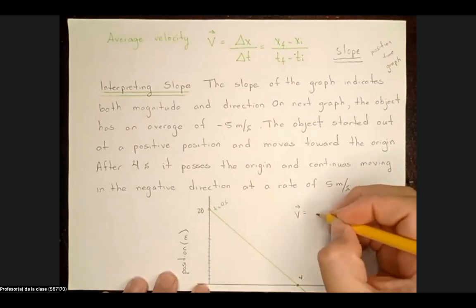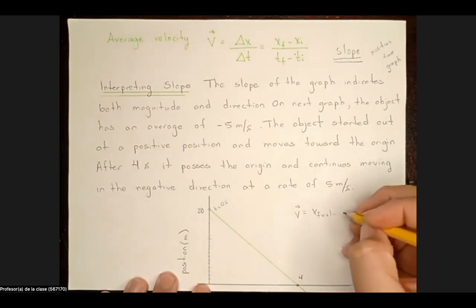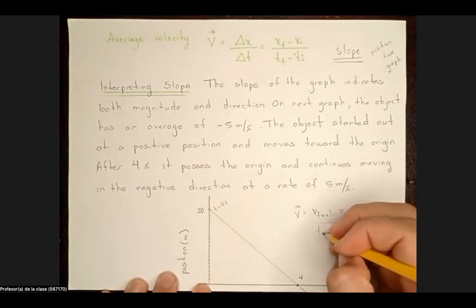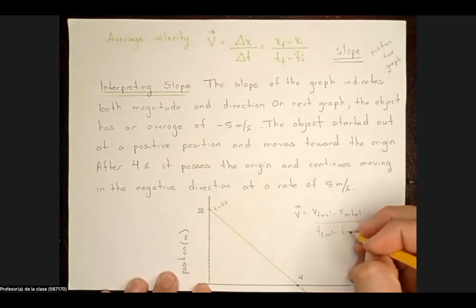So velocity is x final minus x initial, divided by the final time minus the initial time, right? Okay.